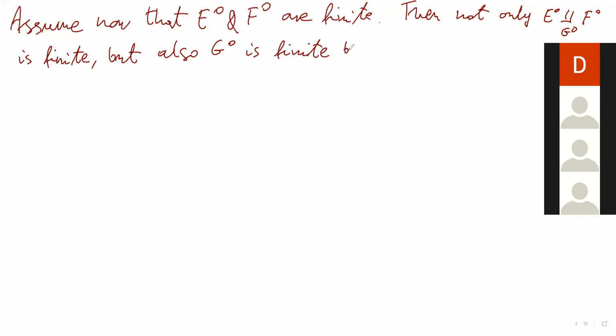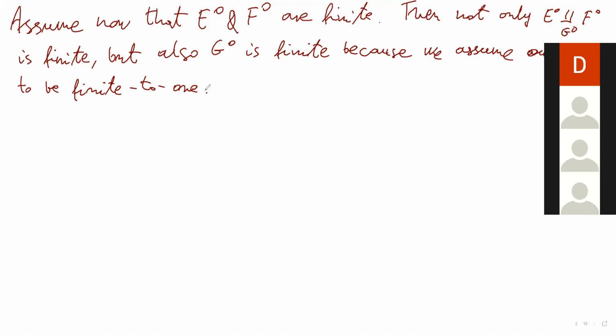And this is because we assume our maps to be finite to 1. It's obvious, but when I have a finite to 1 map and I take the preimage of a finite set under a finite to 1 map, this is obviously a finite set, because the finite union of finite sets is finite.